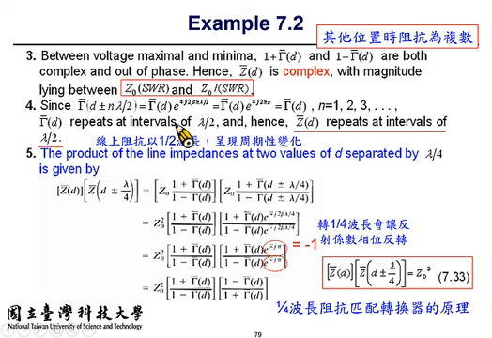So if Z of D is a complex number, the magnitude should be between Z0 times SWR and Z0 over SWR.